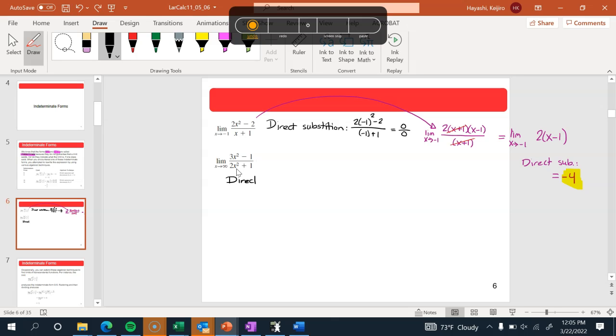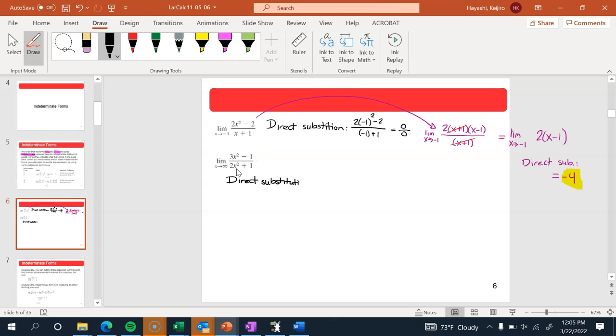For the second one, if we try direct substitution, putting aside the fact that infinity is not a number and that we can't actually manipulate an infinity like we can with numbers, if you just sort of ignore a bunch of mathematical rules and do it anyways, what you get is 3 times infinity squared minus 1 on top, and 2 times infinity squared plus 1 on the bottom.